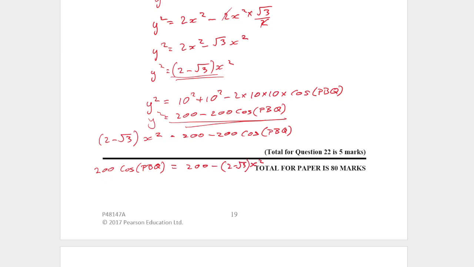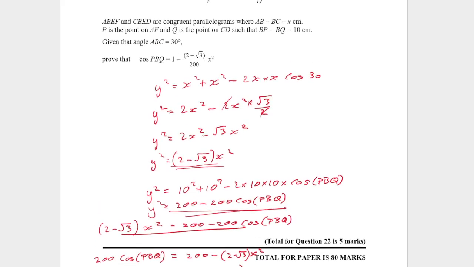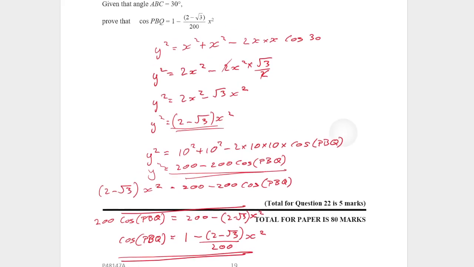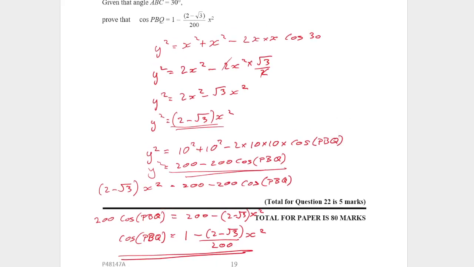And then if I divide through by 200, I get cos of PBQ is equal to 200 divided by 200 is 1. So I'm just left with minus (2 minus root 3) over 200 x squared, which I think was what we were asked to show. 1 minus, yeah, that's what we were asked to show.